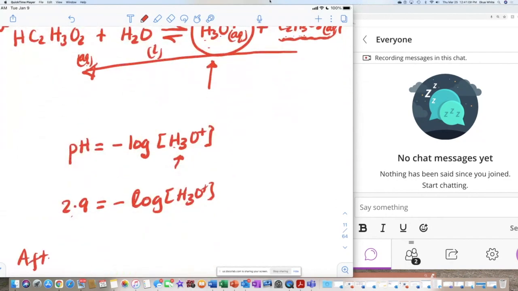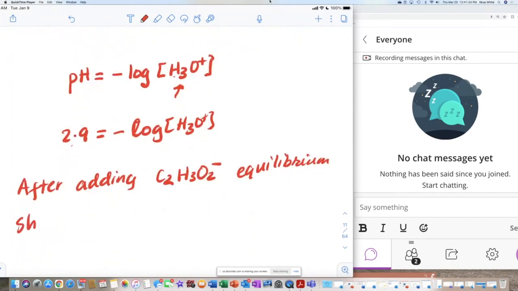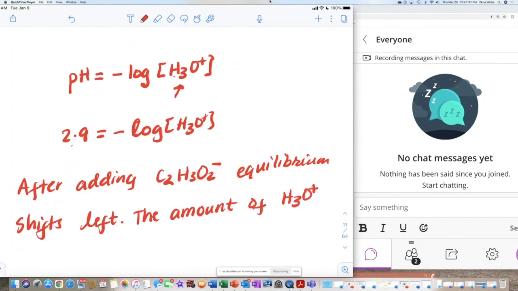So after adding C2H3O2 minus, equilibrium shifts left, the amount of H3O plus decreases.